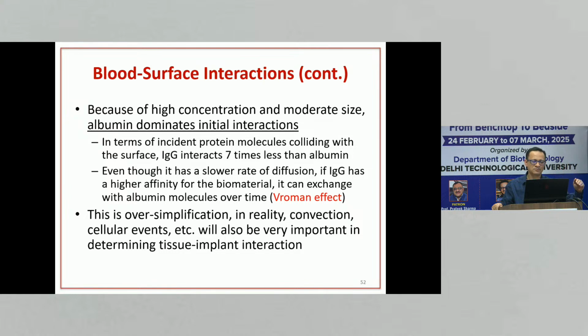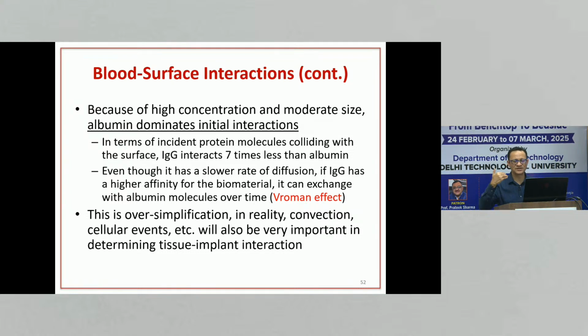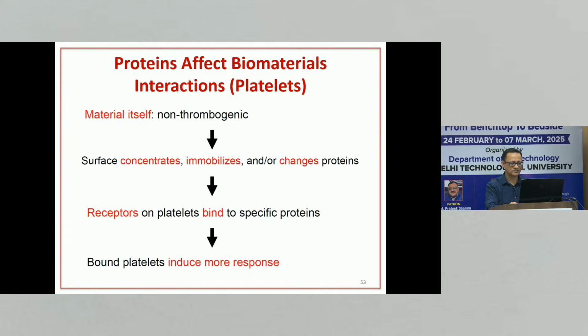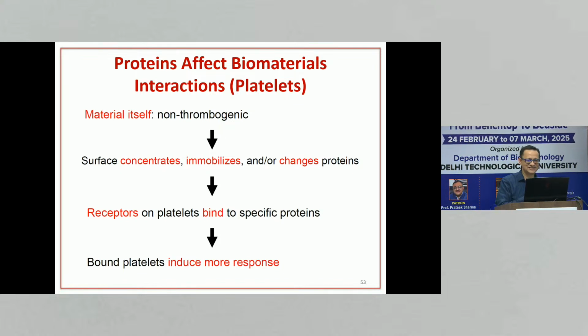We already said albumin comes, later on fibrinogen comes, some proteins interact more with the surface, some proteins interact less with the surface. Material itself is non-thrombogenic, but then when surface concentrations of proteins change, platelets get activated, it can start causing more platelets to come, clotting to start to happen.